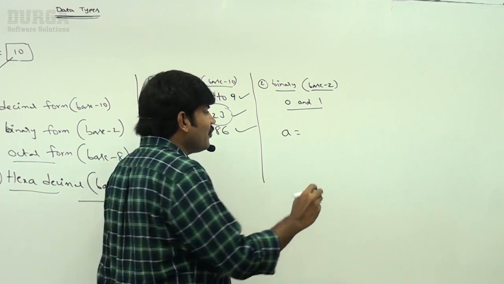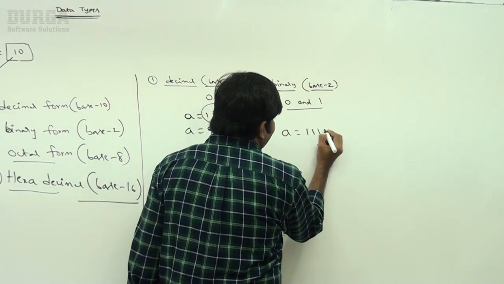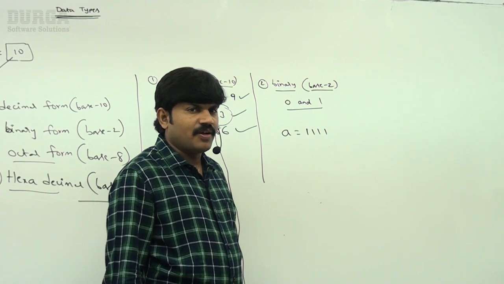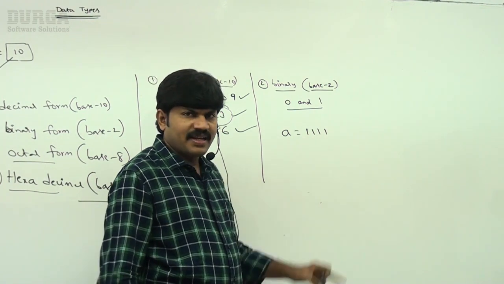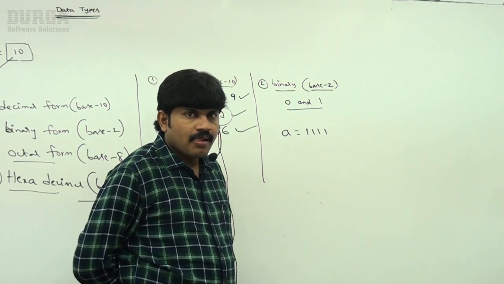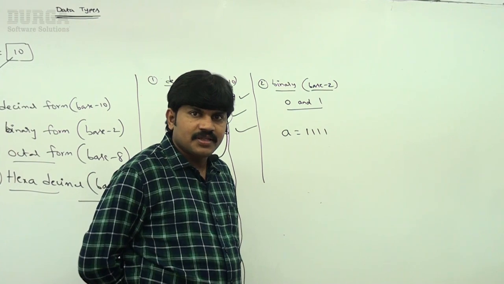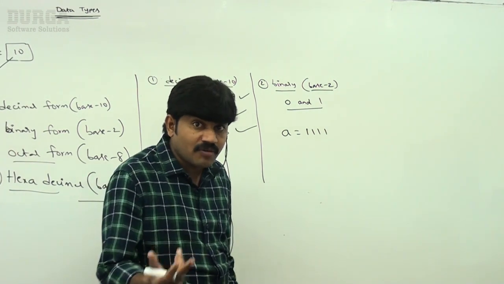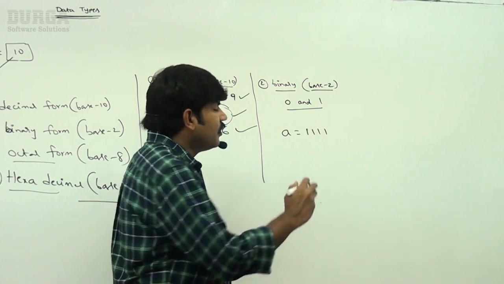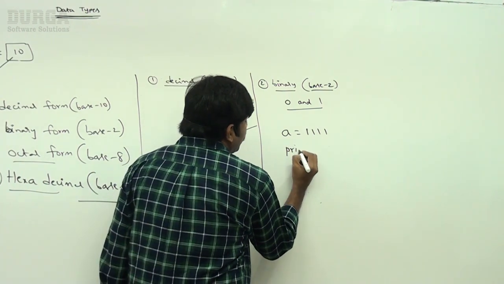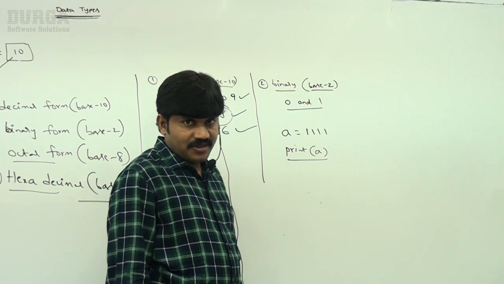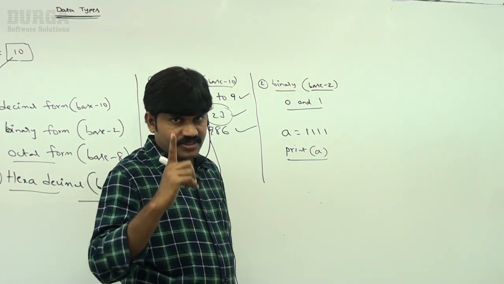I am taking a = 1111. Is it a binary number or not? Yes, it looks like a binary number because you are using only zeros and ones. Now I am taking print of a. Please take special care.